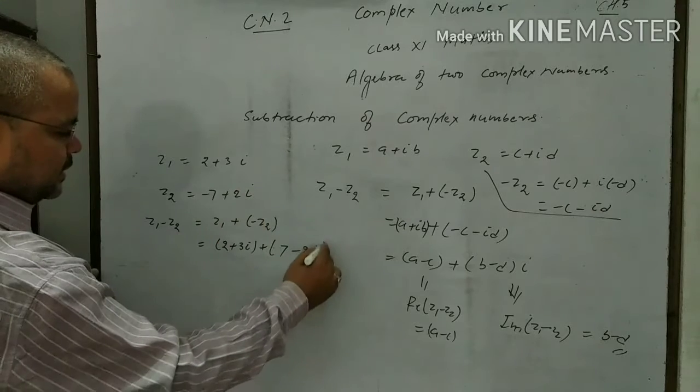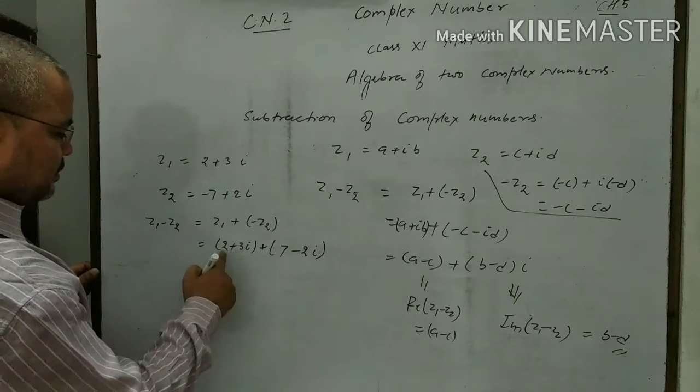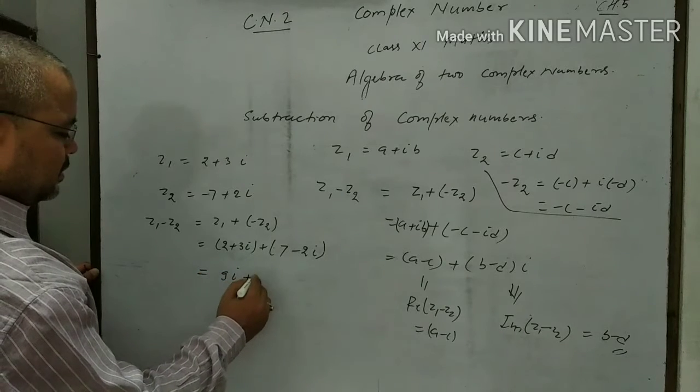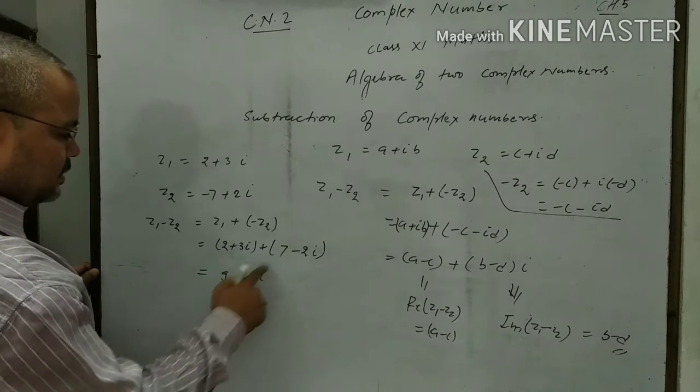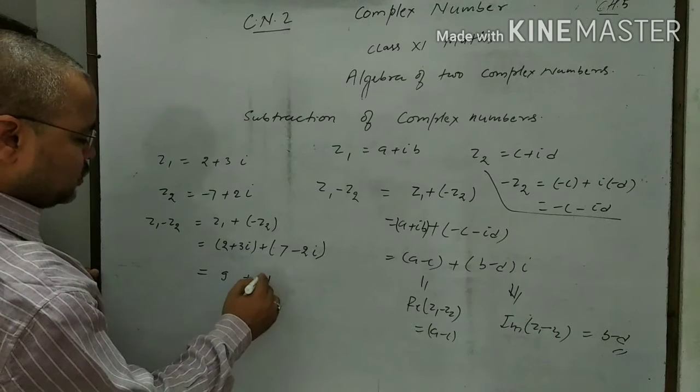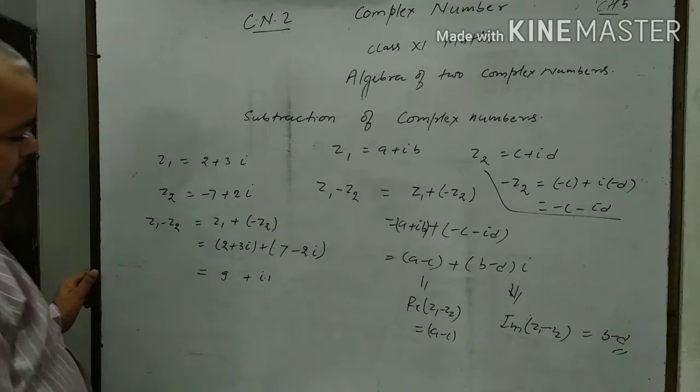This is 2 plus 7, which is 9, and 3i minus 2i is i into 1, meaning only i.